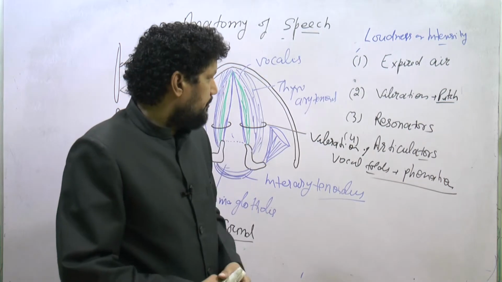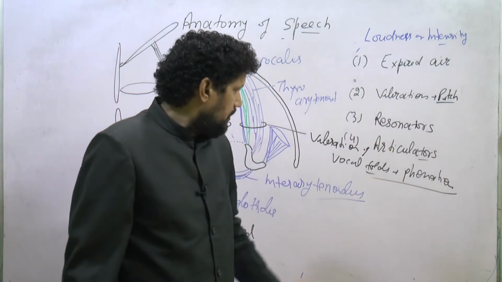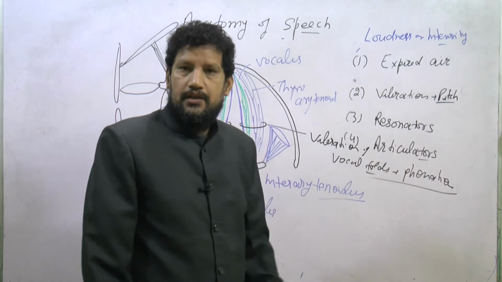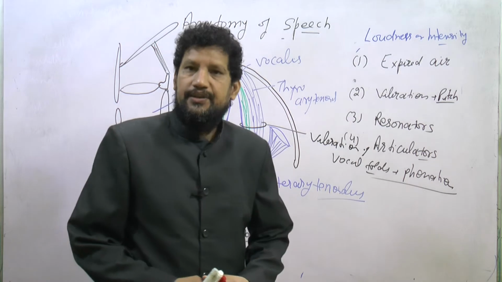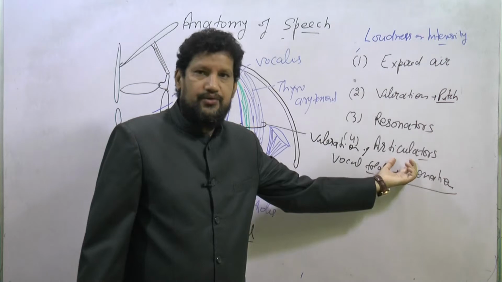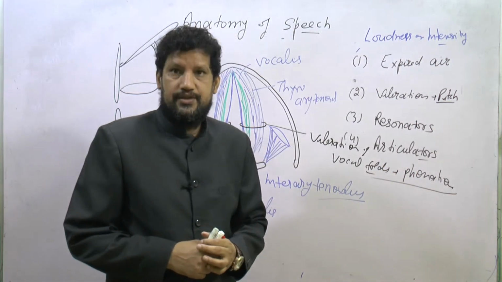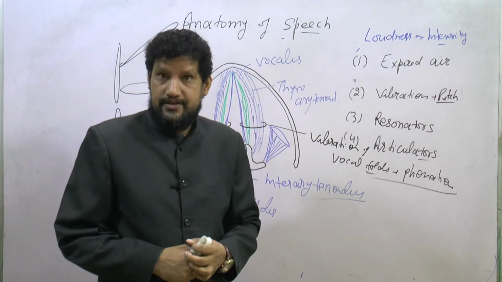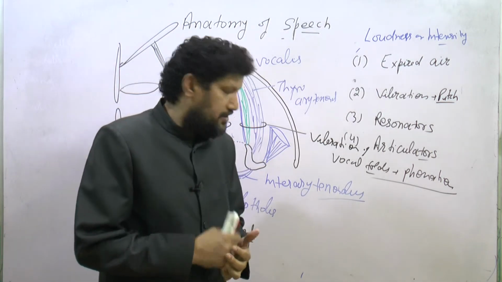These sounds are produced by the resonators and the articulators, and are known as unvoiced. So the sounds of consonants are unvoiced, and sounds of the vowels are voiced.